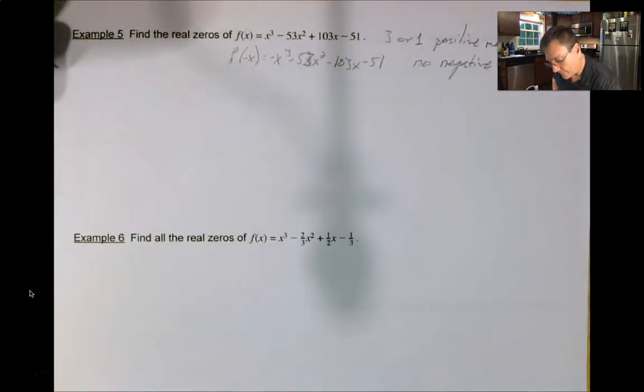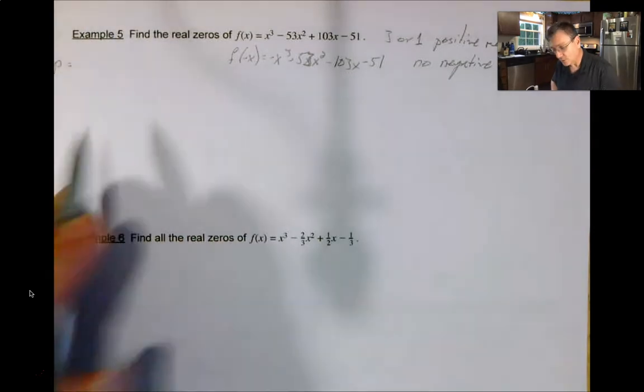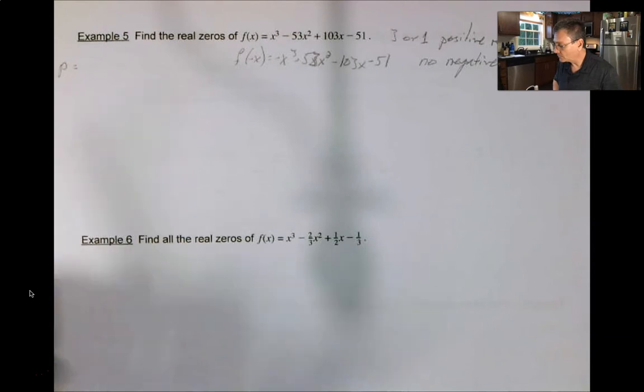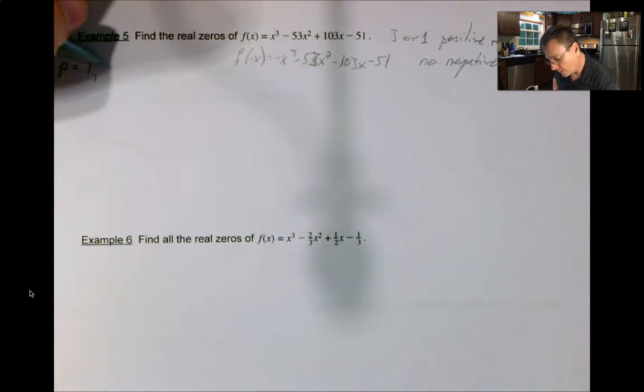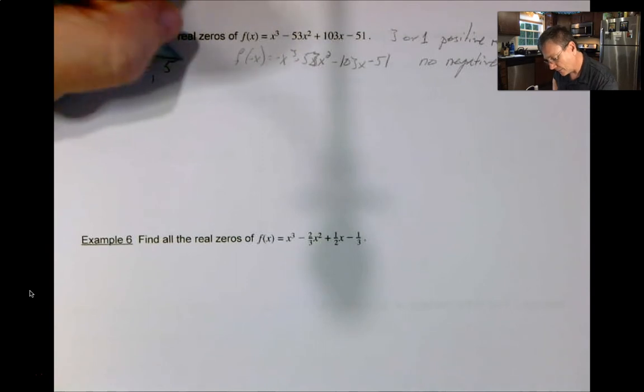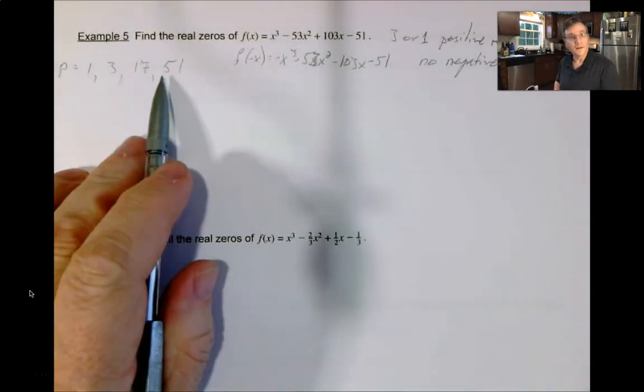All right. So P, which is the only one I need to look at because my Q is a 1, is equal to 1, 3, 17, 51. Remember, I don't need the negative ones.